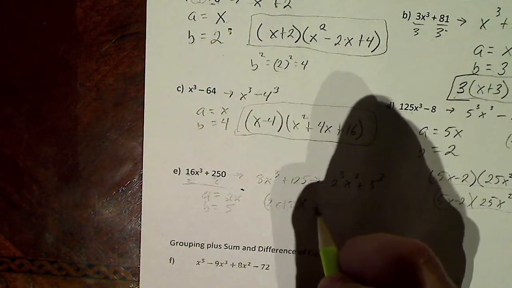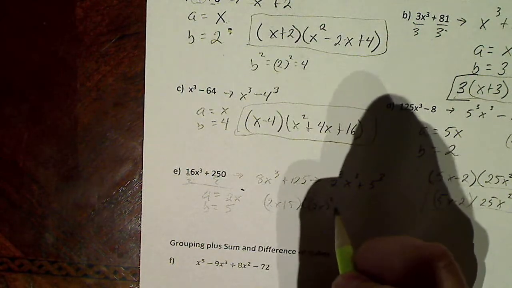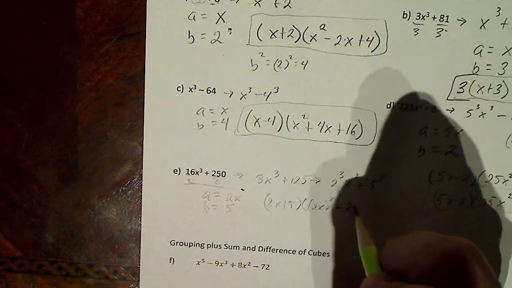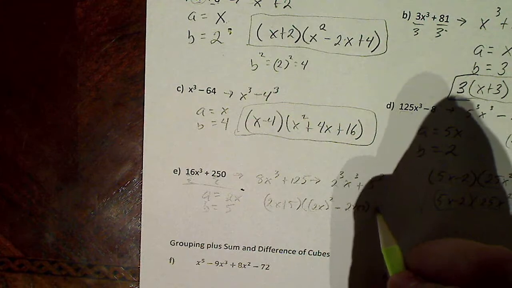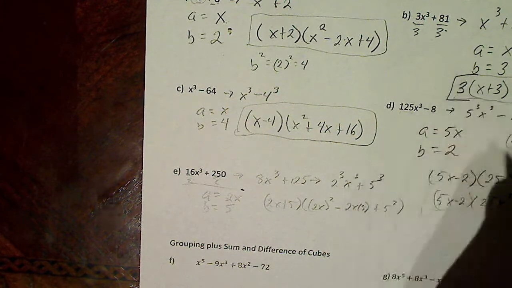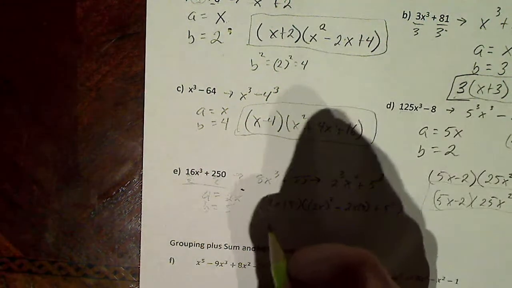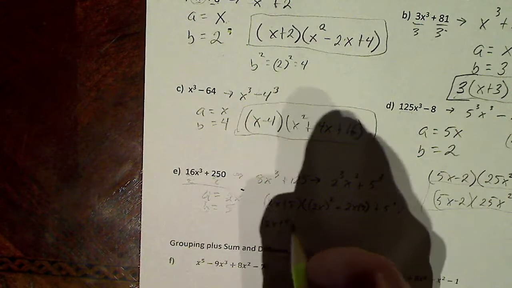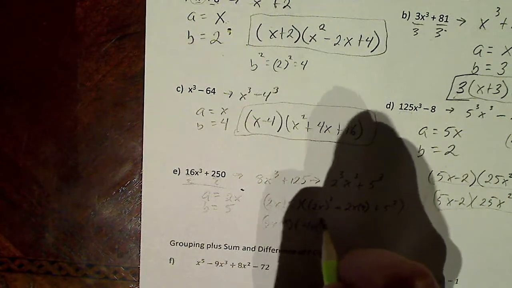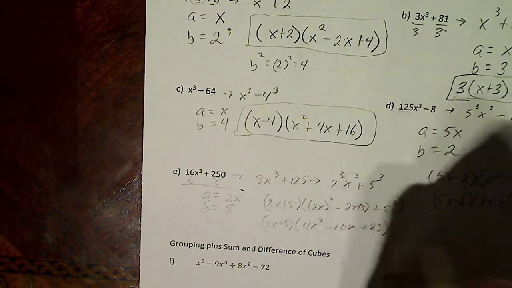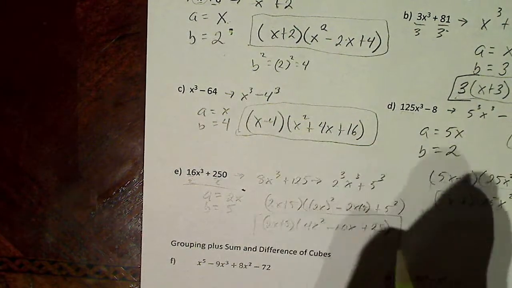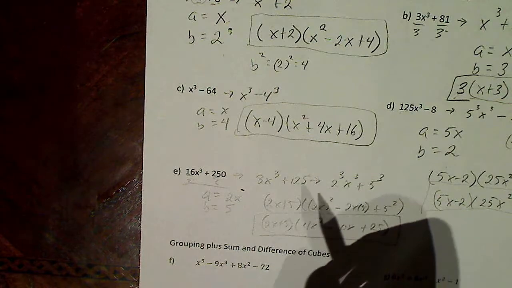Then a squared, so 2x squared, minus a times b, so 2x times 5, plus b squared, so plus 5 squared. And then if I fix this up, that's going to become 4x squared minus 10x plus 25. Okay, so that's sum and difference of cubes.